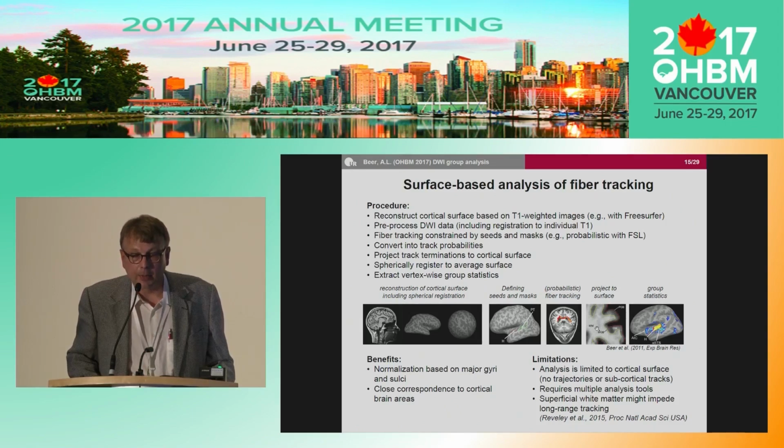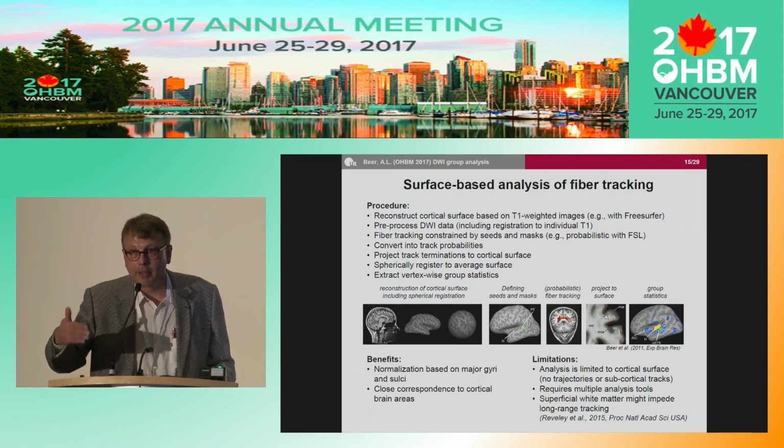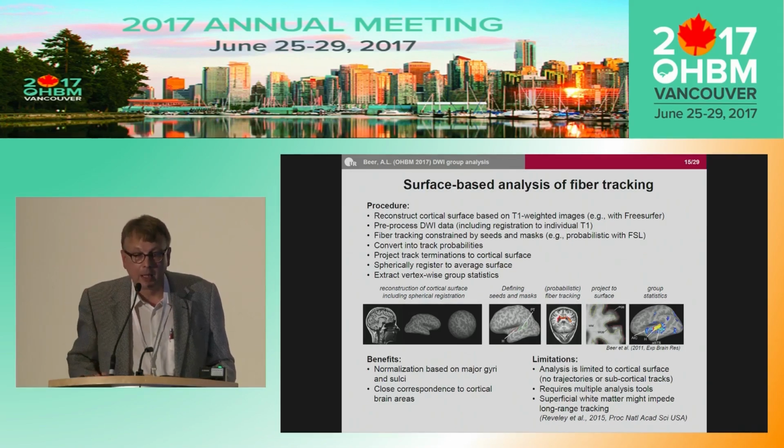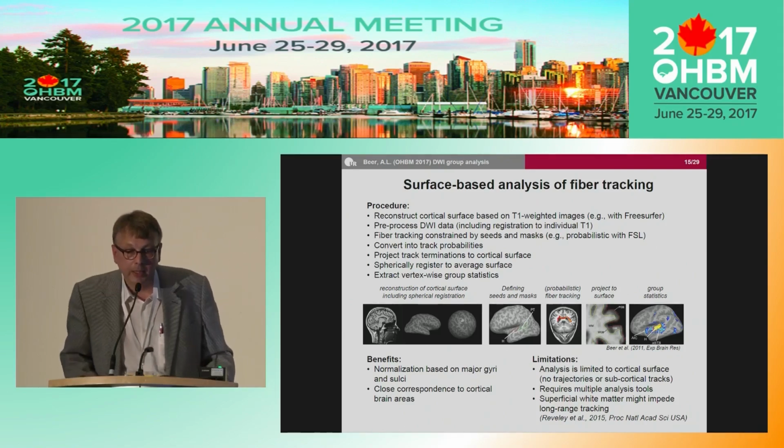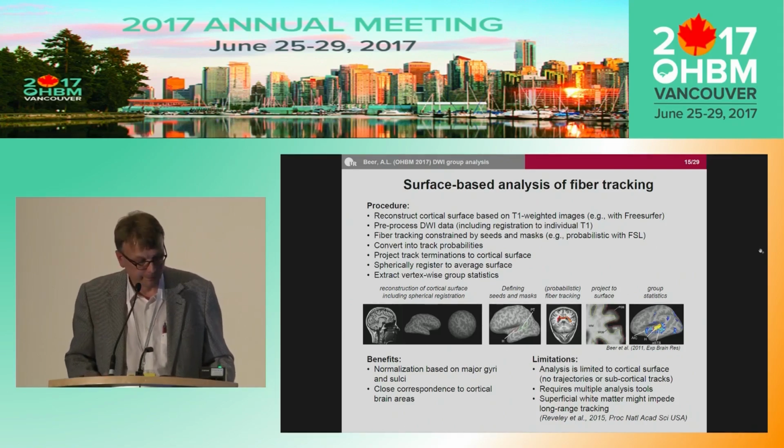And then when you're done with the tracking, these tracks usually cross the white matter, gray matter boundary at some point, and you project the track probabilities at this white gray matter boundary back to the surfaces. And then you can examine the endpoints of your tracking algorithms along the surfaces using this spherical registration.